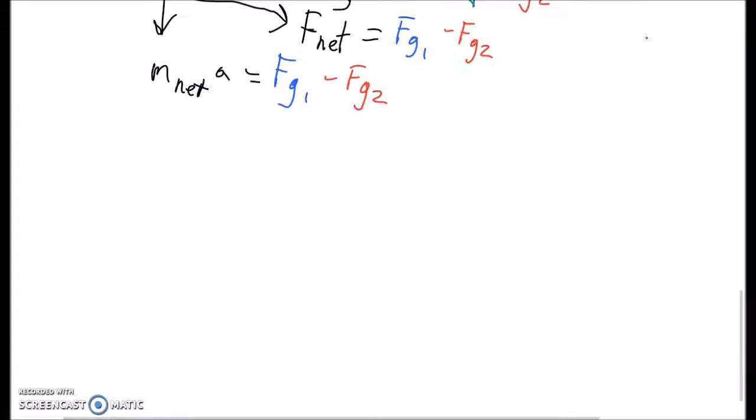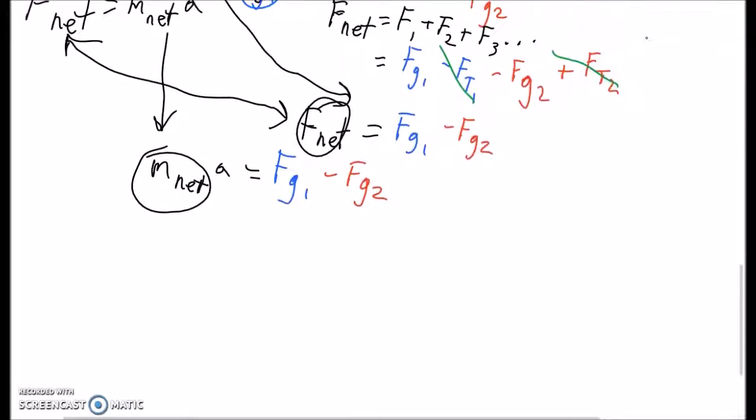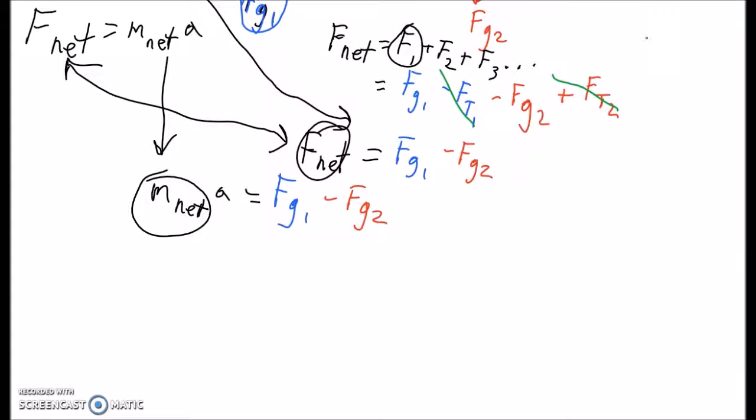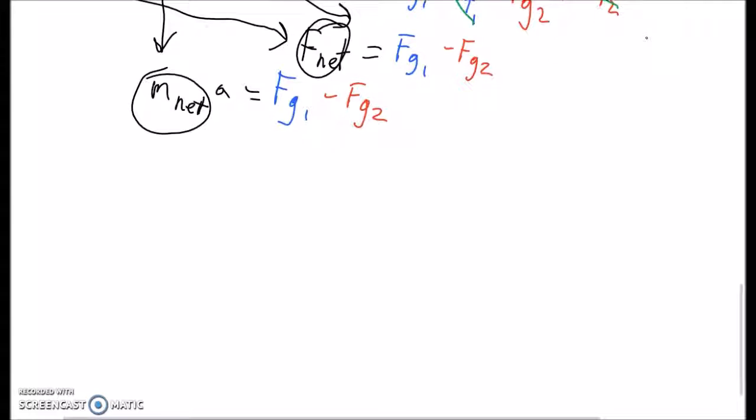Now splitting up, if this says Mnet and this says Fnet, Fnet we remember was F1 plus F2 plus F3, so net means just the addition of all of the different types of that thing. So force net means the addition of all the forces in a system. Mnet means the addition of all the masses in the system.